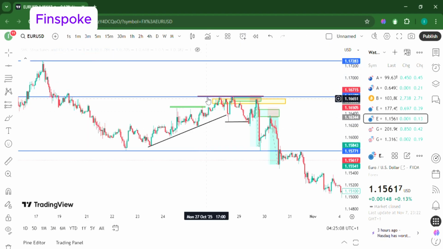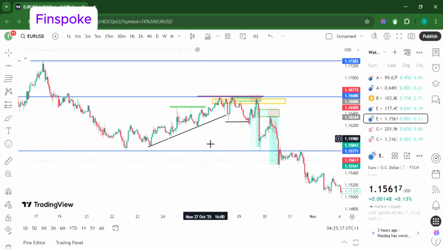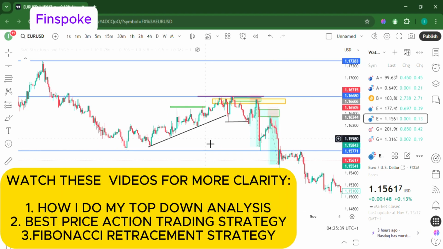Now, when price is at this zone, to understand these few things that I just mentioned here, you can go and watch my earlier videos, or rewatch them, and it will make more sense on this trade that I caught here. My video on how I do top-down analysis is number one.